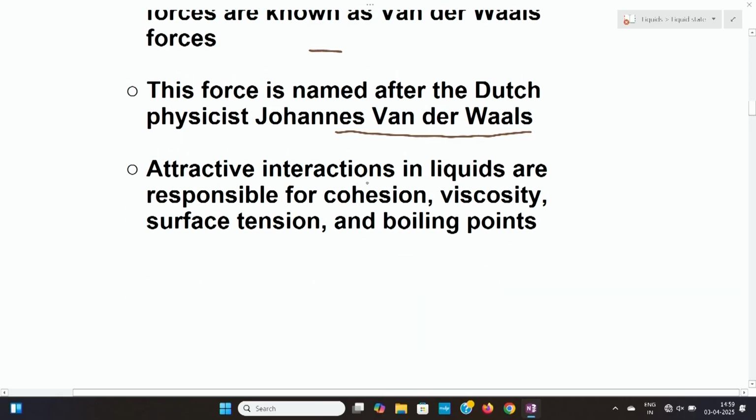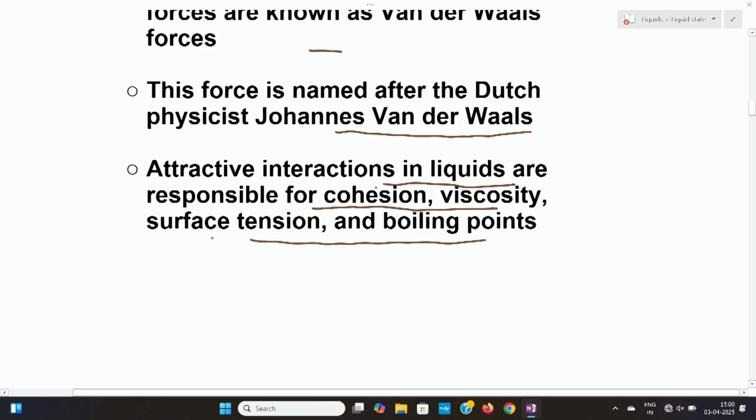The attractive interactions in liquids are responsible for cohesion, viscosity, surface tension, and boiling points. Cohesion is nothing but the strong attractive forces in liquids, and viscosity is the resistance to flow. Surface tension is a surface phenomenon, where the surface molecules are pulled towards the interior, and because of that a tension happens at the surface, which is called surface tension.